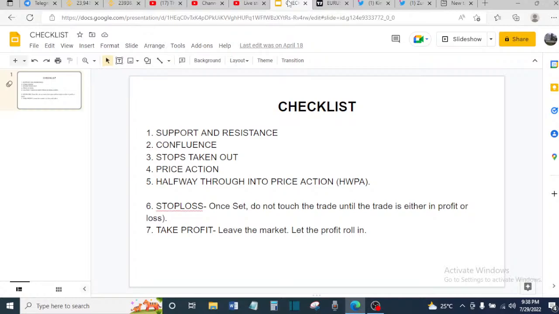So it will not be that in case you have made some profits and price begins to go in the reverse direction, it will take away your profit and even hit your stop loss. Your take profit will take you out of the market once you have reached a targeted point.